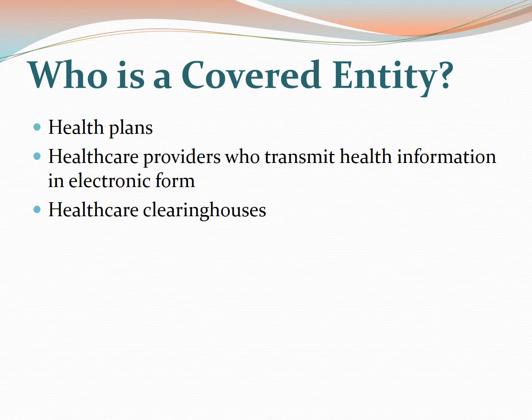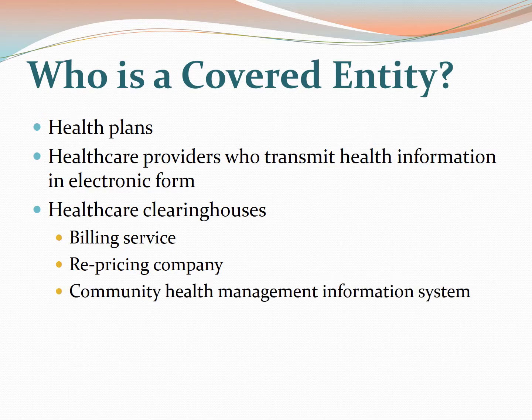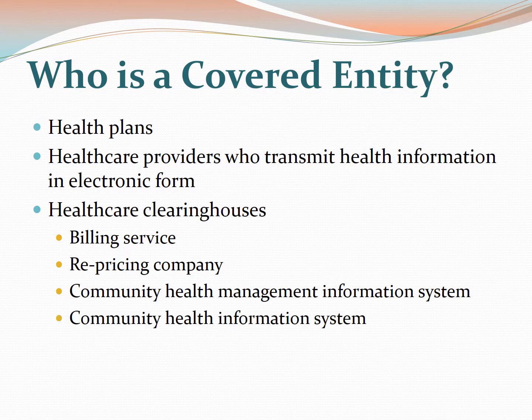Now, those are a little bit of a behind the scenes kind of thing in medical care, but these clearinghouses do billing services, they do repricing services. Community health management information systems could be considered a healthcare clearinghouse. And then health information systems.